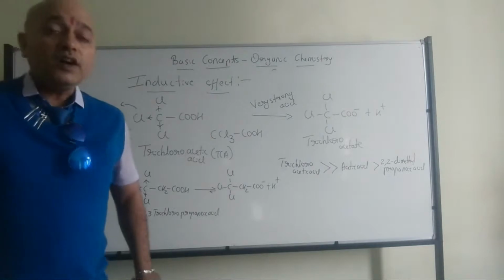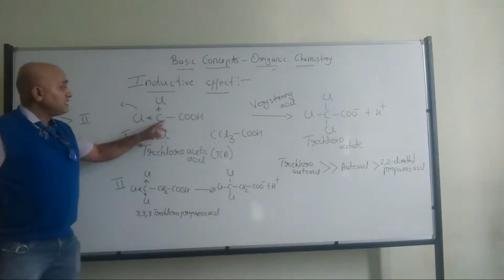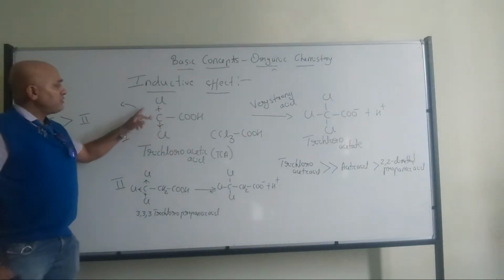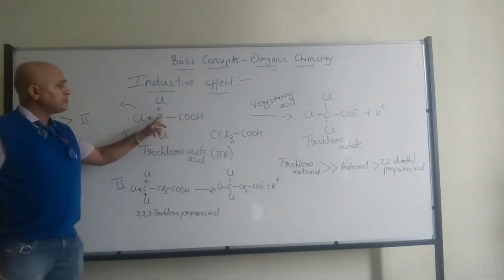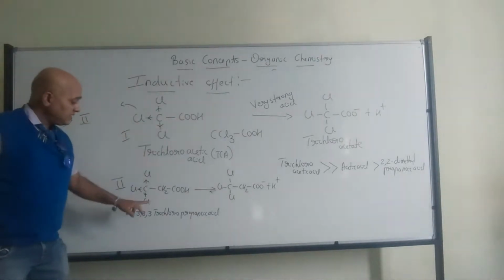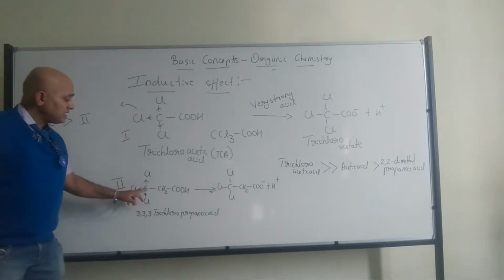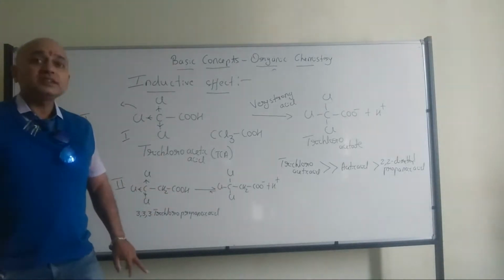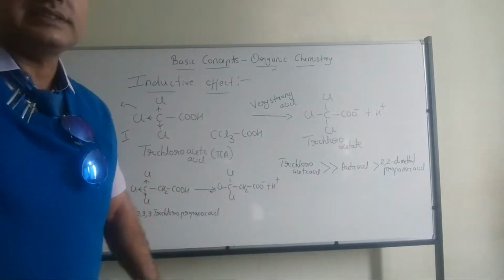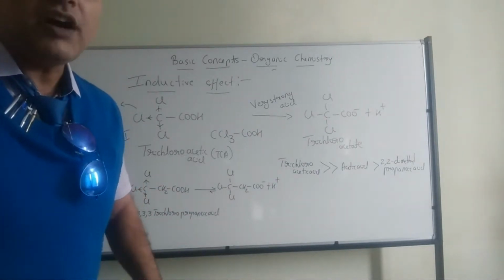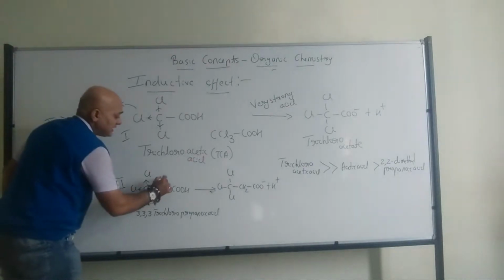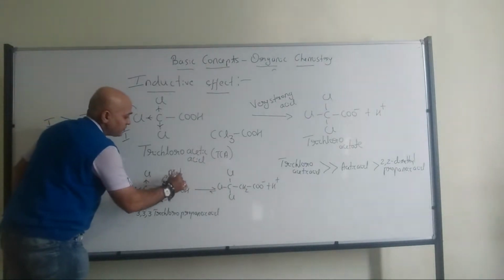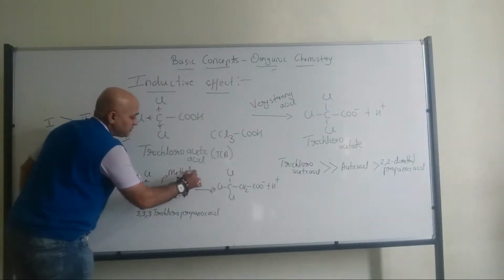Or I can tell that in the first case, the electron withdrawing carbon and carboxyl carbon are neighbors. But here, they are not neighbors. CH2 is nothing but a methylene group, so there is a presence of a methylene group in between.